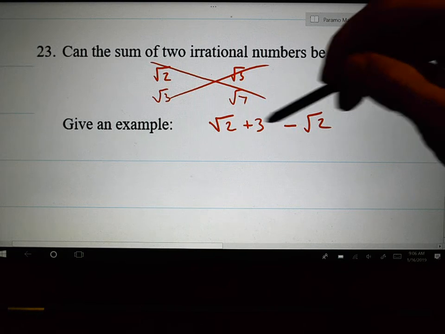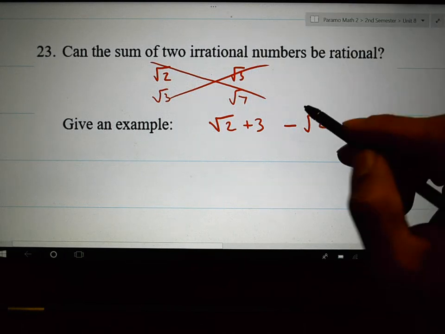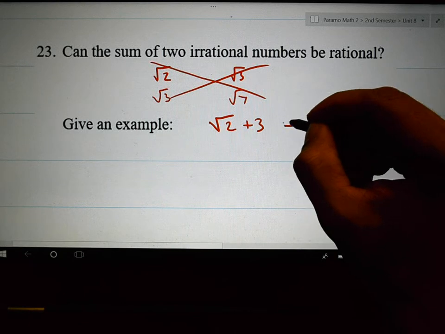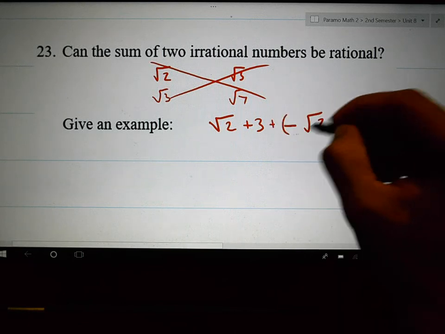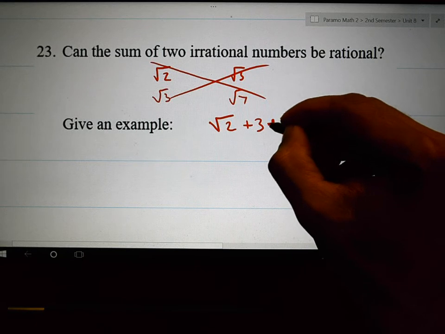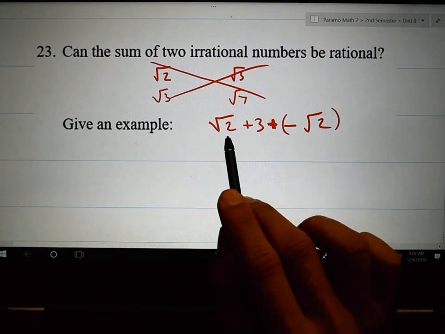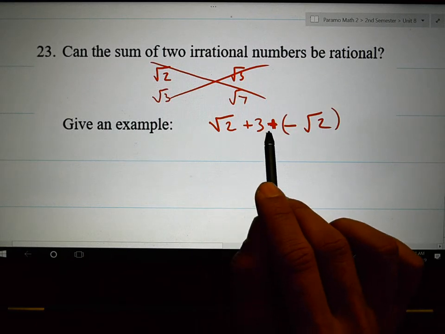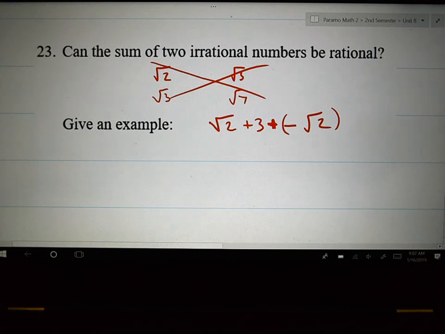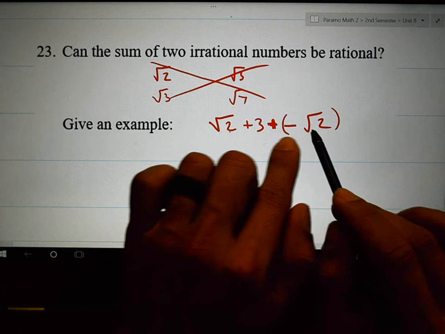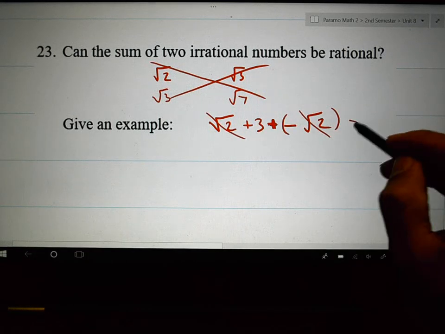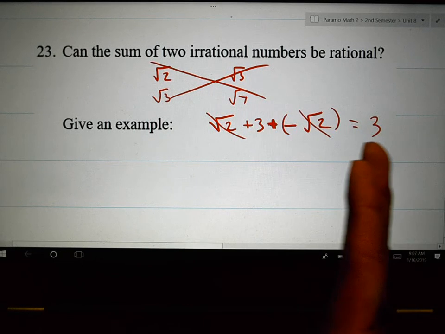And we need the sum, right? So let's add a negative root 2. Now we have a sum. Square root of 2 plus 3. We're going to have a sum with this negative root 2. What's going to happen with the positive root 2 and the negative root 2? Which would make 3, which would turn it into a rational number.